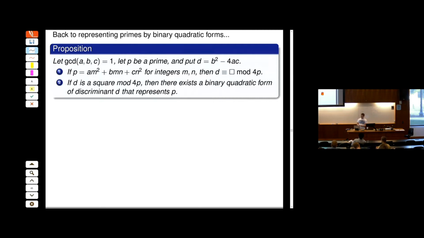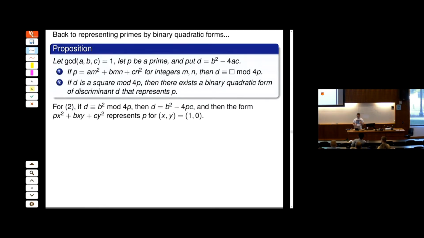And conversely, if d is a square mod p, then there is a binary quadratic form of discriminant d that represents p. Not that one in part 1. It just says that if you can represent p, d is a square mod p. If d is a square mod p, then there is a binary quadratic form of discriminant d that represents p.